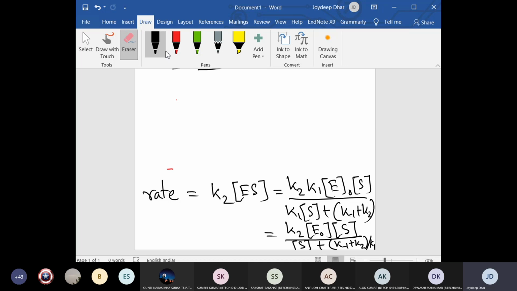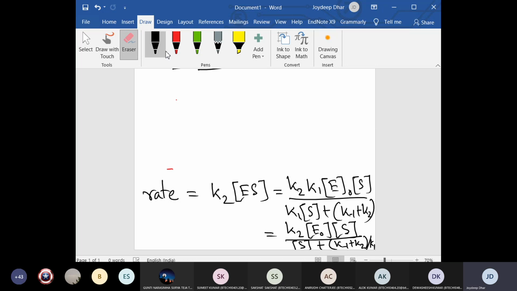Okay, so let me go first. Now let's say you have a large concentration of substrate, that means your starting material is large. Whatever substrate you will be taking will be converted into ES.